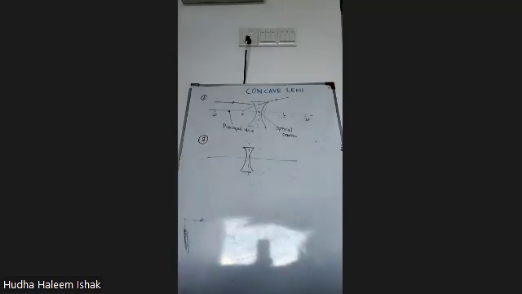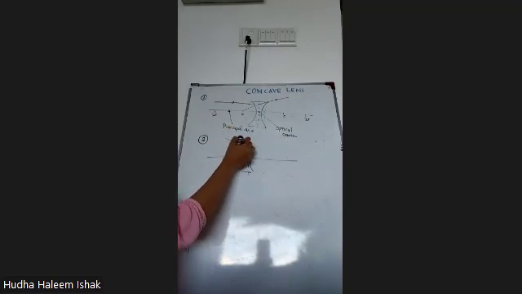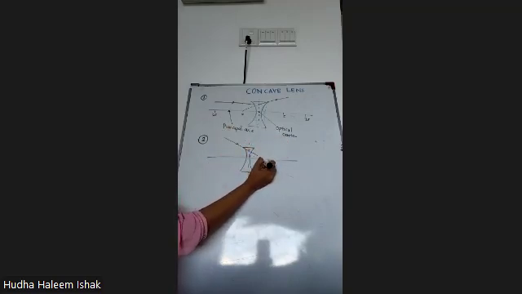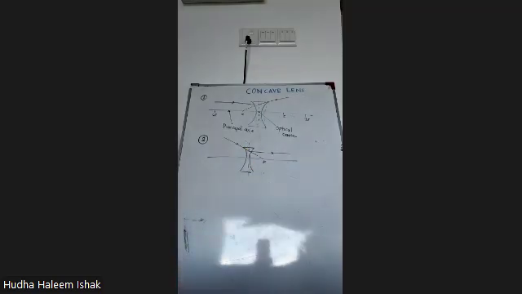When a light ray seems like it is going through the focus, it's not actually going through the focus, but it seems like it is, it will be bent and sent parallel to the principal axis. So this is the second rule.